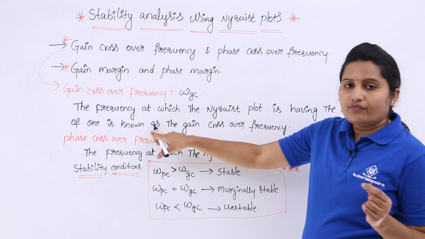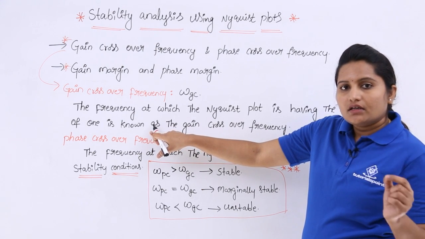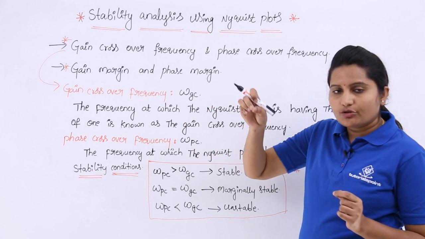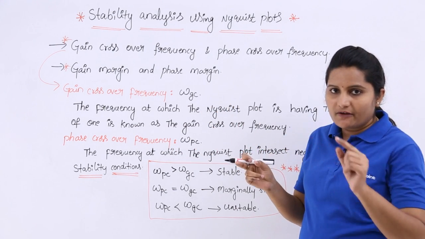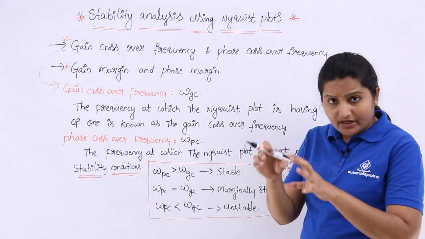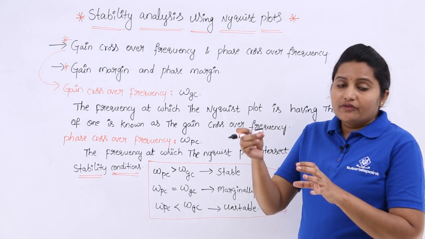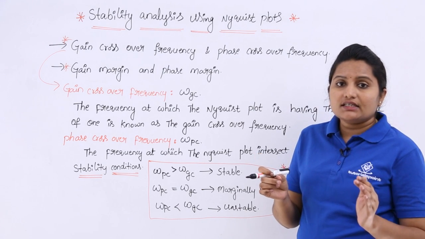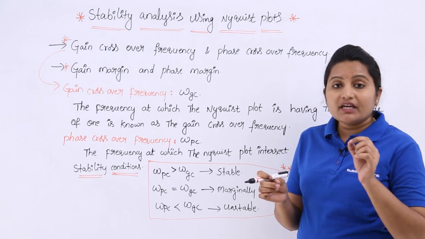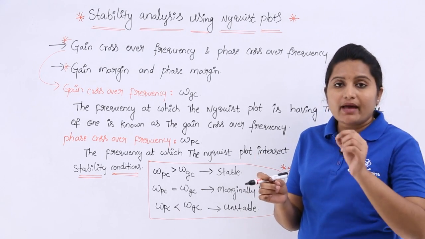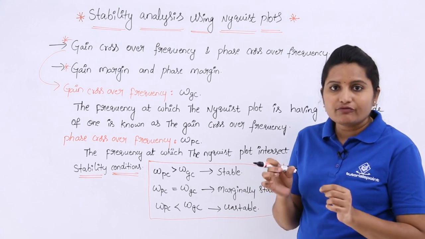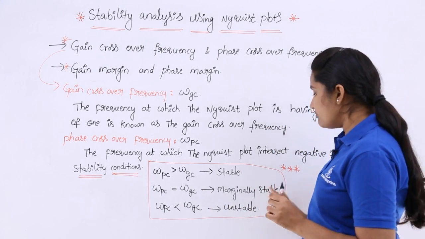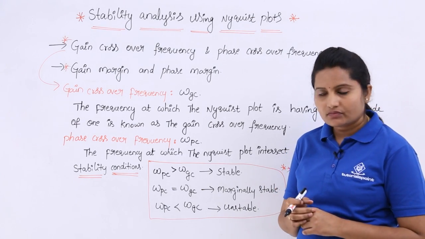When the two frequencies are equal, the two points coincide. Whenever in a diagram the frequency at which the negative real axis is intersected and the frequency at which the magnitude is equal to 1 coincide, we can say it is a marginally stable system.